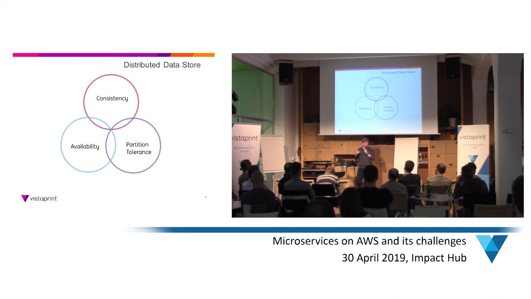Since all the services of AWS strive to be highly available and partition tolerant, you end up with eventual consistency or inconsistency with your read-write operations. So when you architect your microservice, you need to think about it and look at the consistency model of the cloud provider service you're going to use.